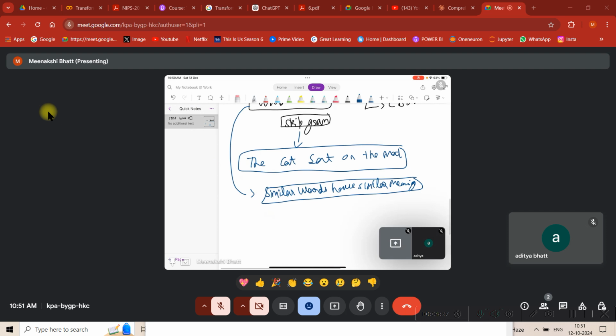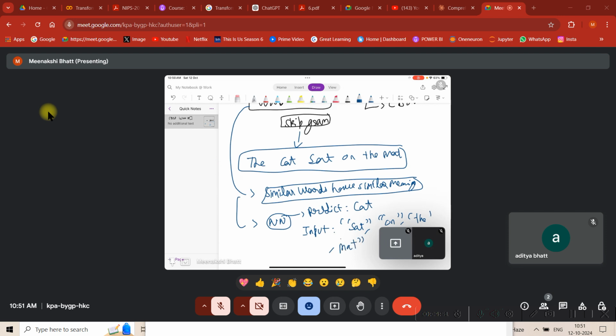So you would have to train a neural network that would predict cat. On what basis would it predict? Sorry guys, it would predict based on sat, on, the and mat.